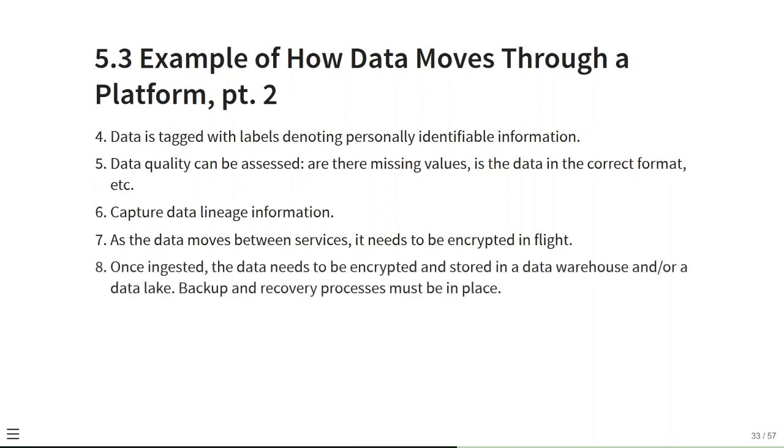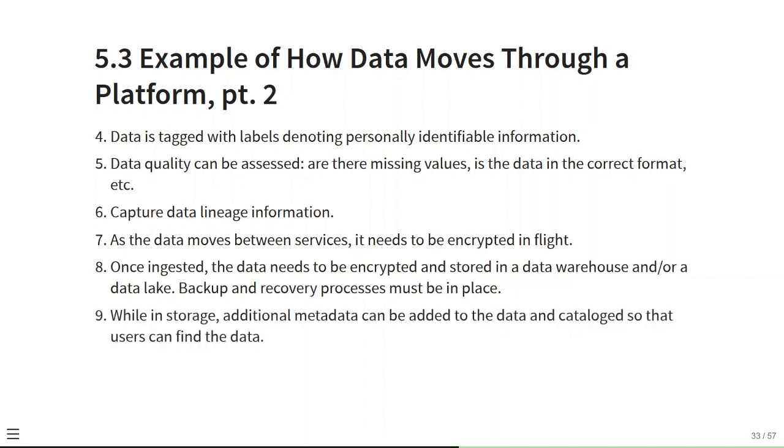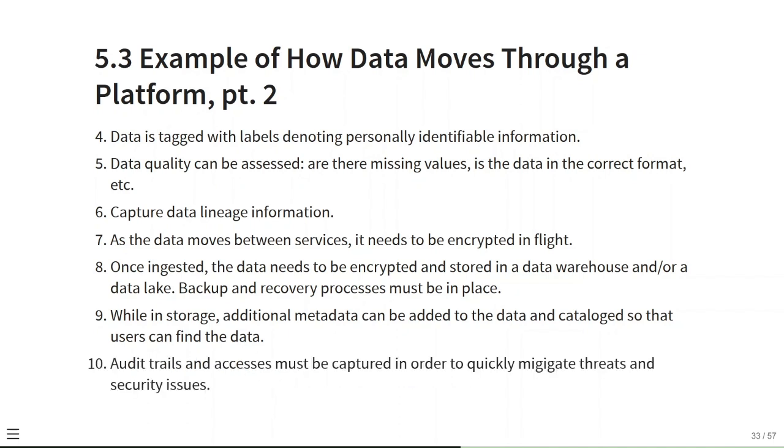And once ingested, the data needs to be encrypted and stored in a data warehouse and/or in a data lake. Backup and recovery processes must be in place. While in storage, additional metadata can be added to the data and catalog so that users can find the data. Audit trails and accesses must be captured in order to quickly mitigate threats and security issues.